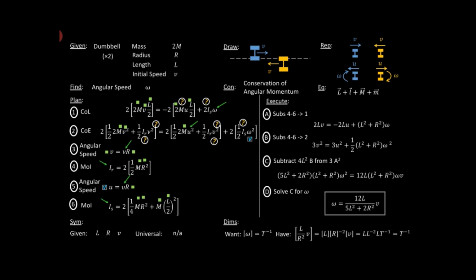I don't think that's something that is super obvious, especially since you have this decrease in the length as well, right? So that still increases the moment of inertia, but just not as much. And obviously we have the V. The V makes a lot of sense, right? The faster you're initially going, the faster it's going to rotate after the collision. All right, so that's it.